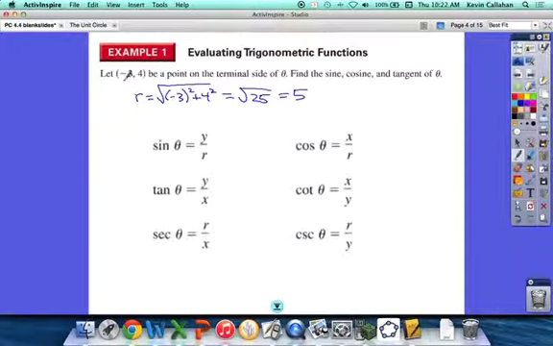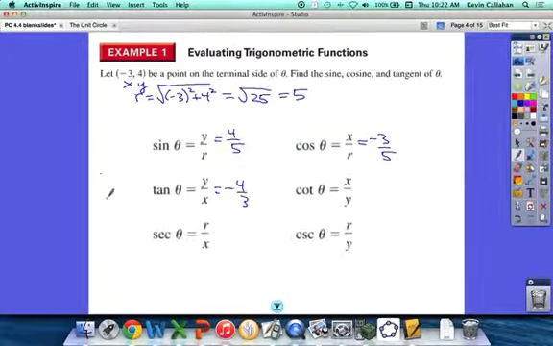This is the x, and this is the y. Now just fill in for the x, y, and r on every one of these. The sine, y over r, will be 4 over 5. Cosine is -3 over 5. Tangent is y over x.